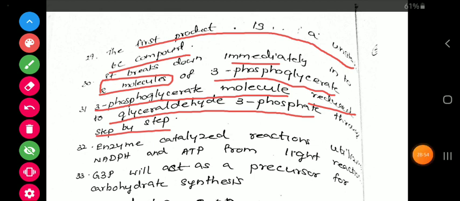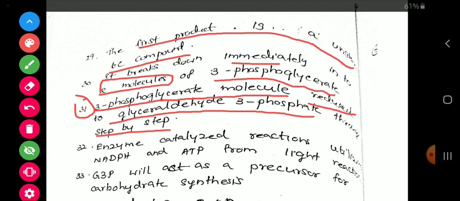This occurs in the reduction phase. Now you understand, this point occurs in what? This point occurs in the reduction phase.